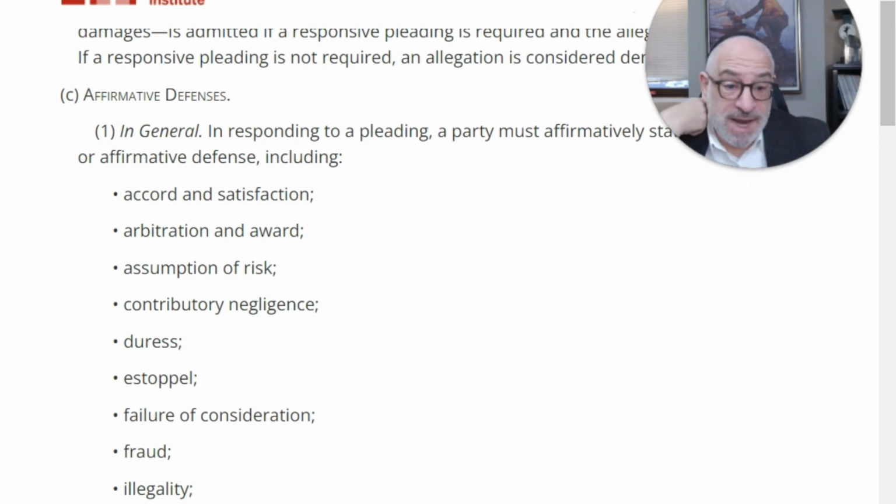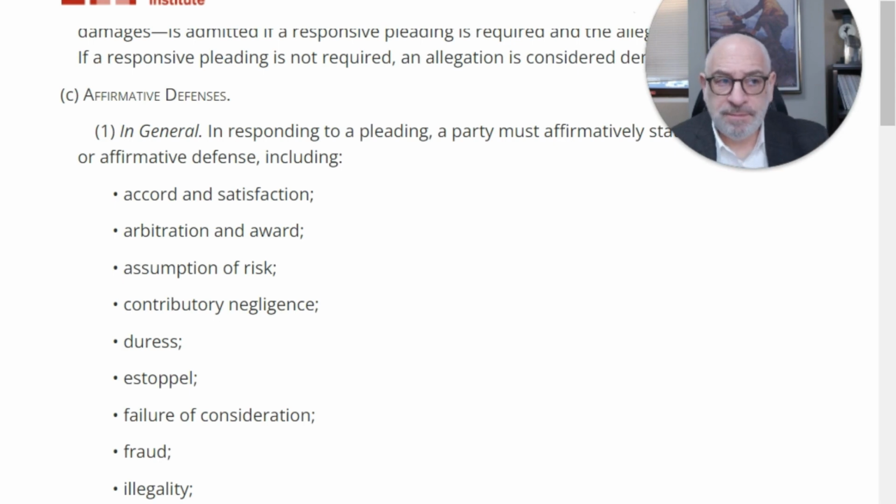Contributory negligence in some states is a complete bar. In other words, if the jury finds that I'm 90% negligent for your injury, but you're only 10% negligent for your injury, your claim goes out the window. In most states, however, they have something called comparative negligence, which means if I'm only 10% responsible for your injury, I only have to pay 10% of the damages.